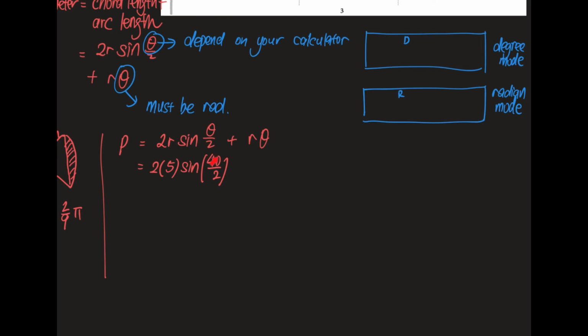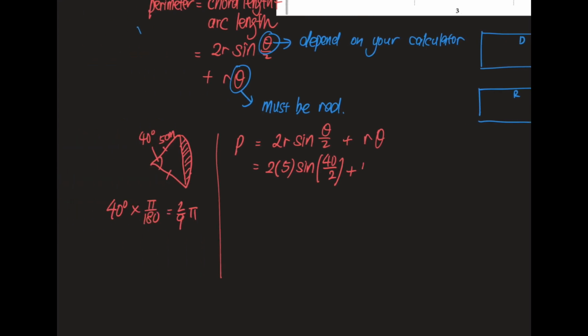So you put degree over 2, and then plus r. R is the radius 5 cm, theta is 2 over 9 pi. Your calculator is in degree, so this one you put degree, and this one you must put radian. Then after that we just press everything.